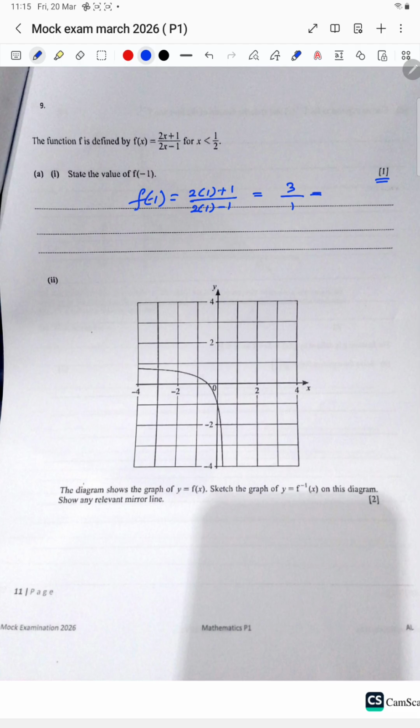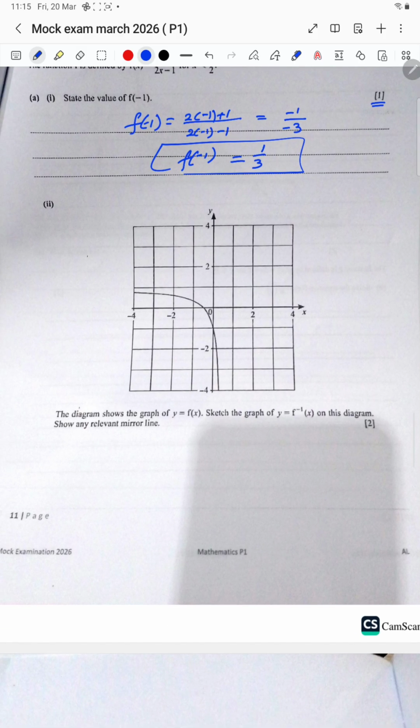We have to replace x with -1, sorry. So -1 plus 1 over 2 times -1 minus 1, that gives me -1 by -3, so the final answer is 1 by 3. So this is 1 mark, easy question.